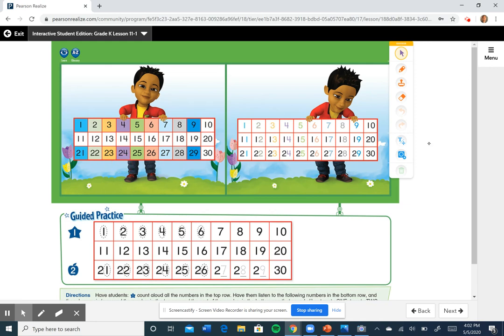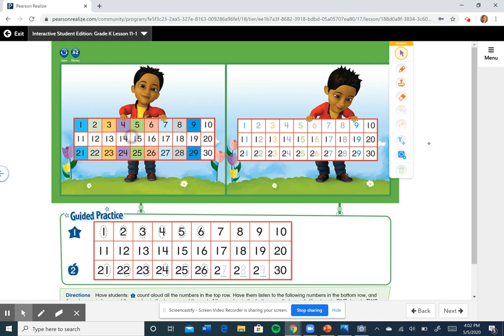They're purple. The greens are 5. 5 and 25. 6 and 26. 7 and 27. 8 and 28. 9 and 29. And all the 10s are white because they all end with 0. 10, 20, 30. All right.